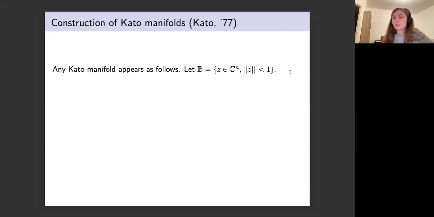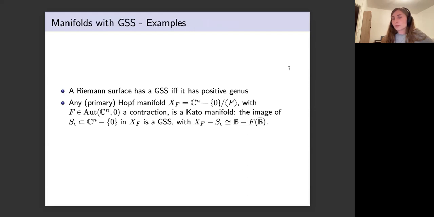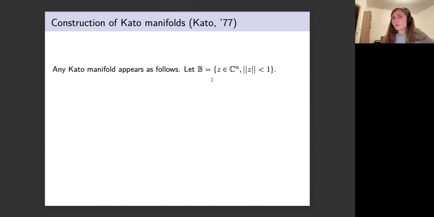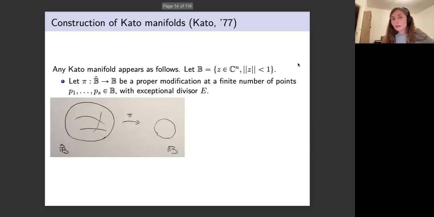And he gave us this general construction, but they all appear by this general construction, which is sort of similar to what we saw here. So the point is, you start from the ball in Cn, the standard ball. Then you take a proper modification of this ball over a finite number of points. So a proper modification means a holomorphic map to the ball from some other manifold, which is biholomorphic outside this finite number of points.